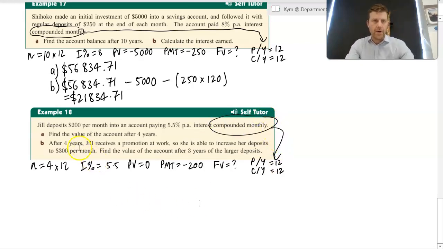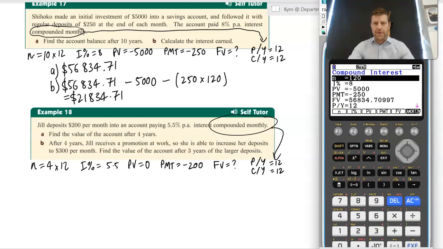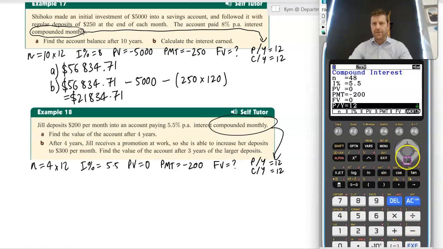Okay, so to find the value after 4 years, I put all those details into my calculator. So 4 times 12 for the number of compounding periods, 5.5 for the interest rate, present value of 0, regular payments of $200 per month, and the future value is what we're asking it to work out for us.